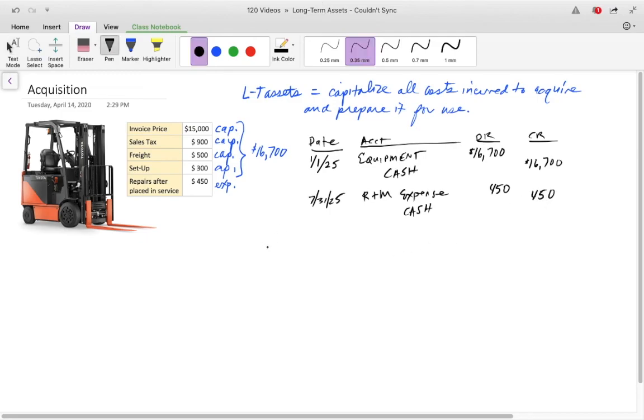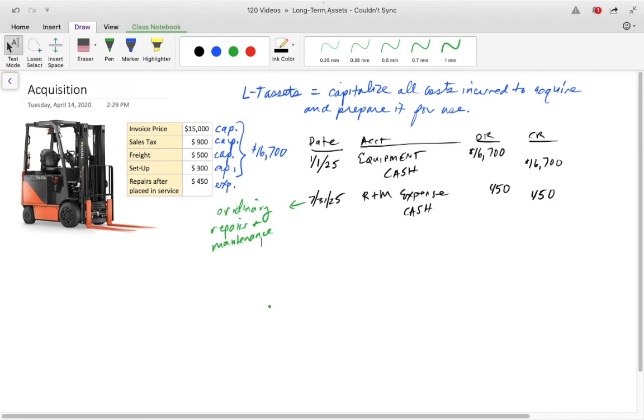And so those are what we call ordinary repairs and maintenance. Ordinary repairs and maintenance are expensed. So they do not become a part of the asset itself.